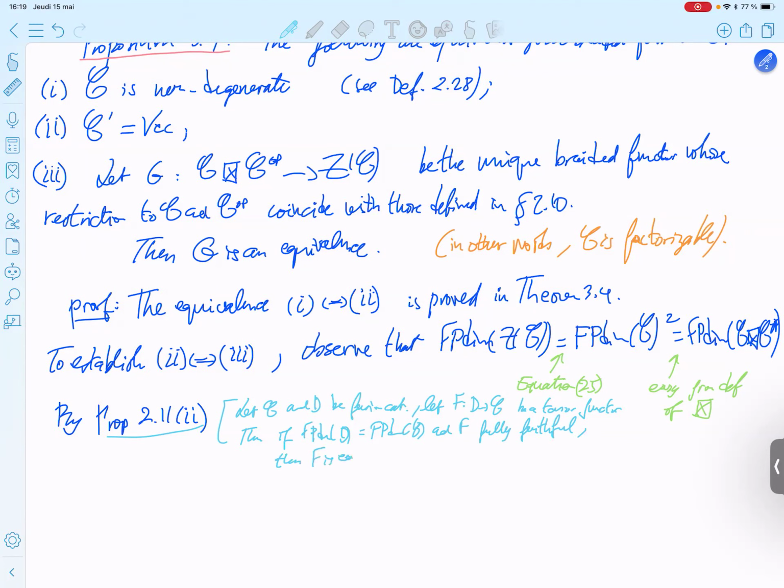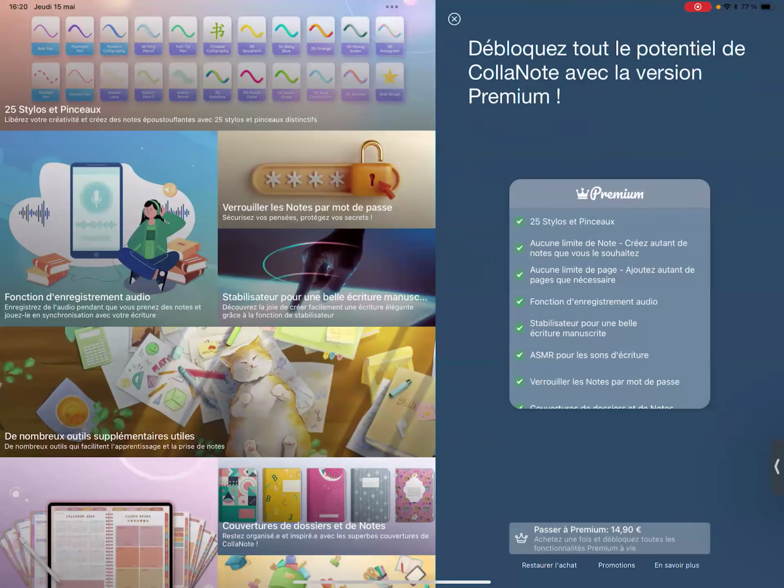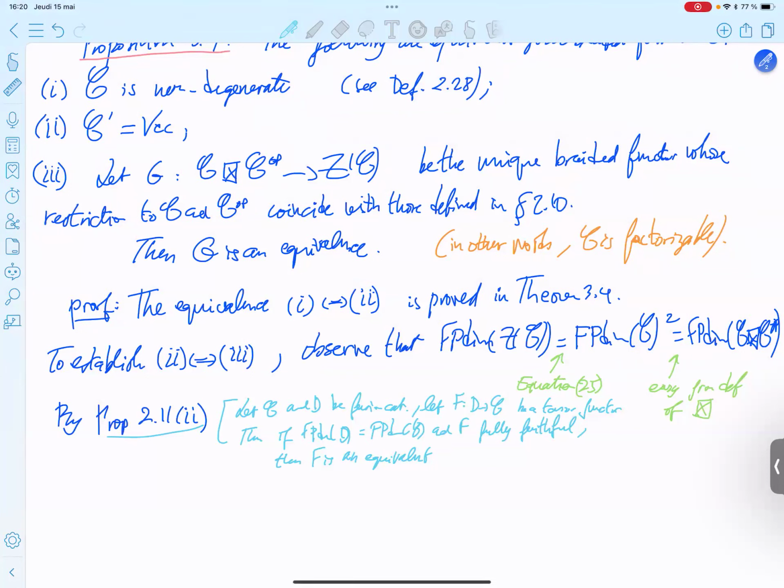What I wanted to say is that fully faithfulness for a functor is the same thing as saying that D embeds into C. So you have something embedding into C. So if, in addition, the dimensions are the same, then exactly as in linear algebra, if you have a vector space embedding into another vector space with the same dimension, they should be equal.